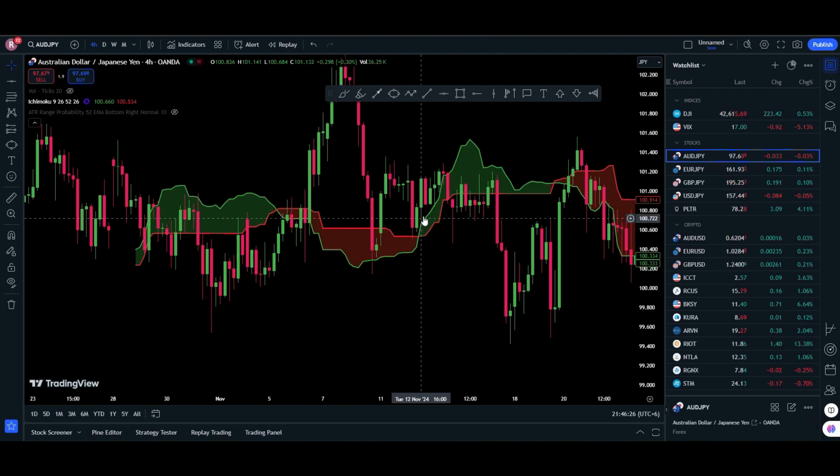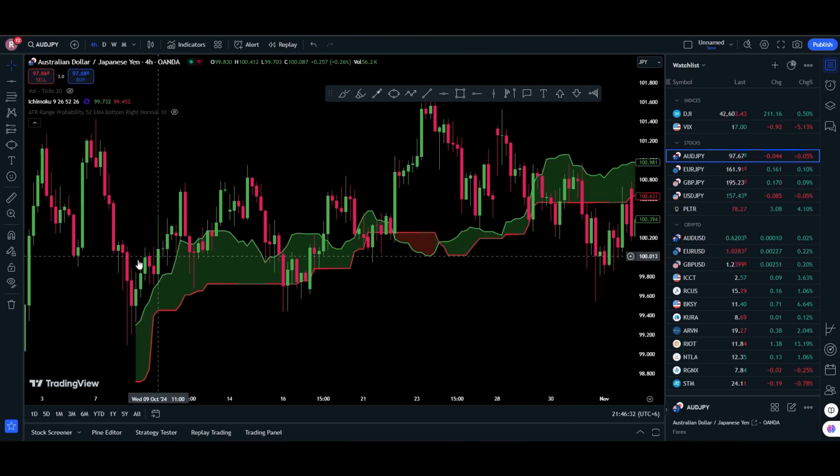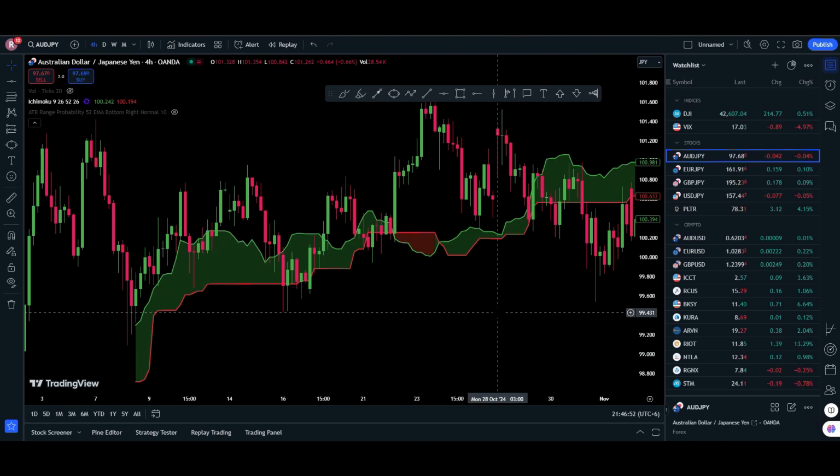Here you can see the green line is working every time as a support. You see, and again when it is broken, it works as a resistance also. So once the green line or red line is broken, it will work either as a support or as a resistance. This is number one.